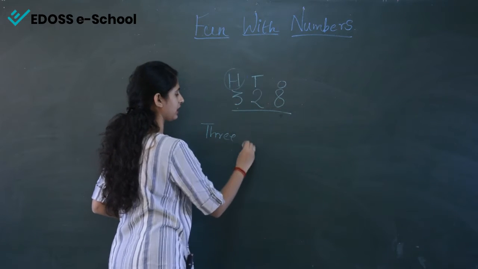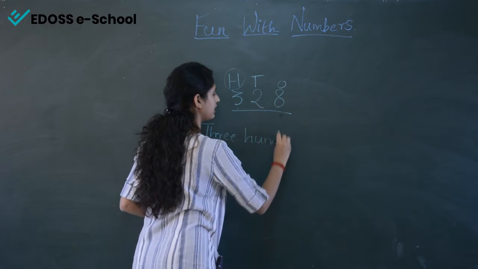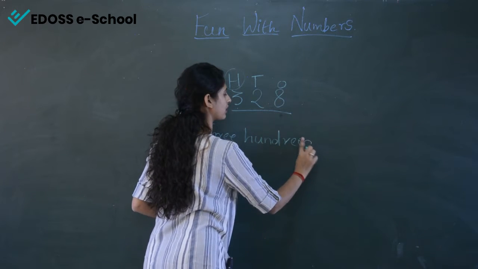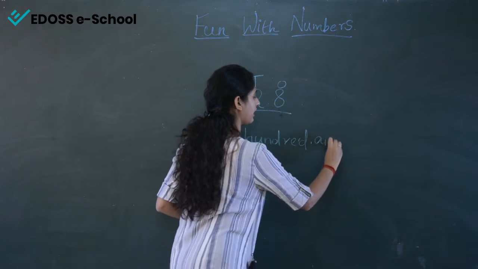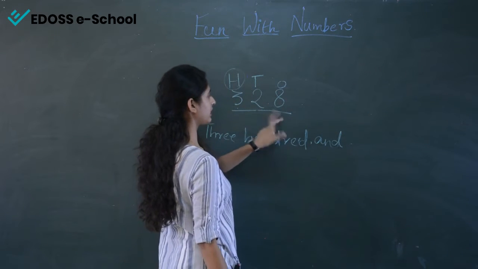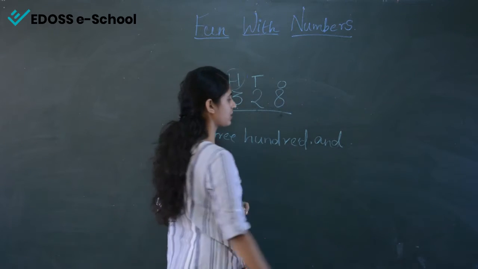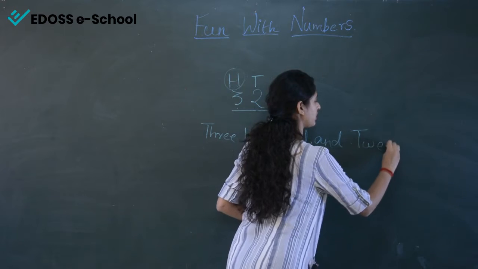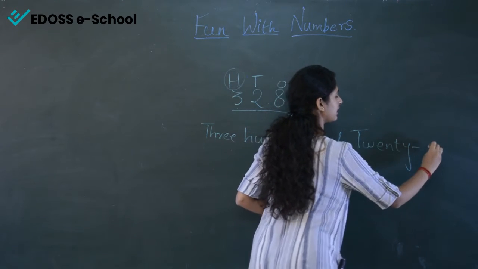The place value of 3 is 100. So I will write 300, and how do we read it? 28. So I will write 28.